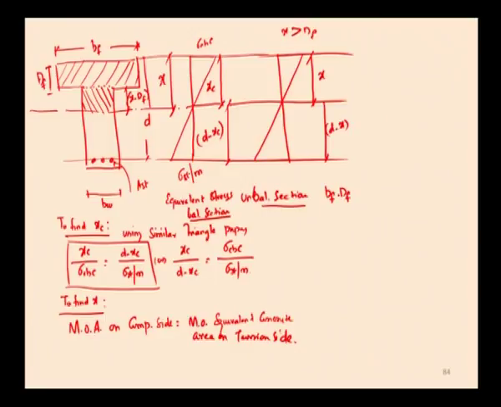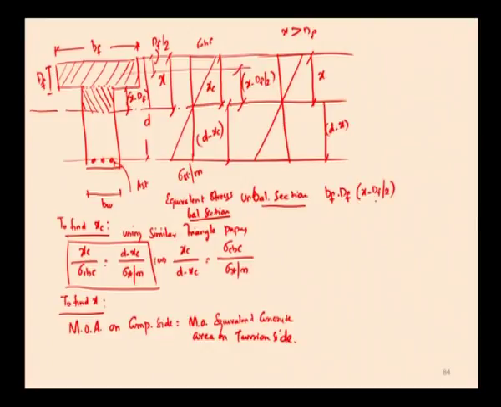The CG of the flange portion is at its center, that is df by 2. So, what is the distance of the CG of this flange portion from the neutral axis? It is x minus df by 2.